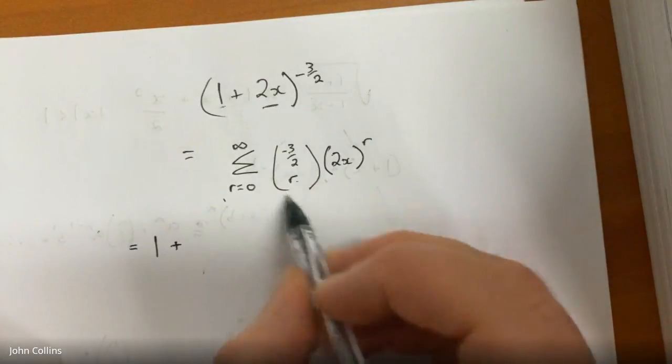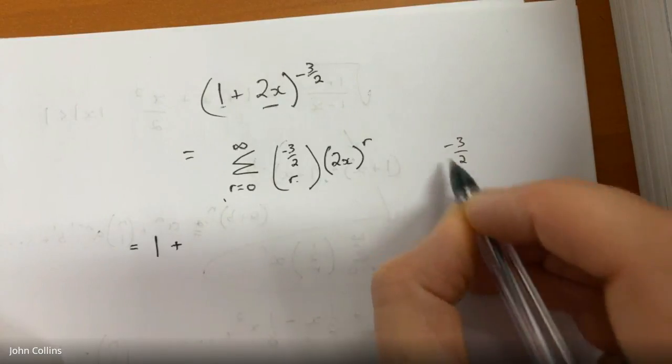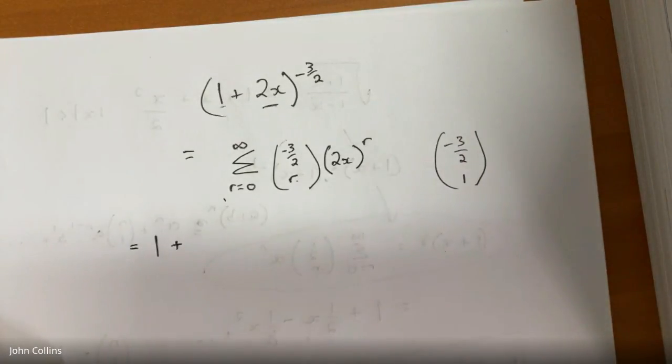Now that's the crucial question here. What is minus 3 over 2 choose 1? Any idea what you do?